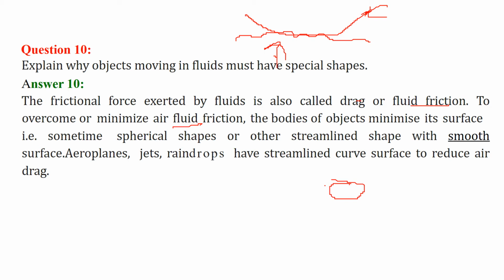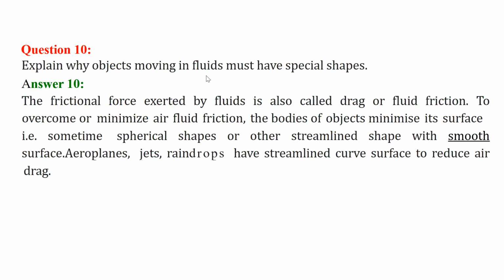Because of surface tension and the drag of the air, it becomes round in shape. So sometimes spherical shapes or other streamlined shapes with smooth surfaces are used. That is how you have seen aeroplane jets. They are of that shape because they have to move through the air and reduce the friction as much as possible.